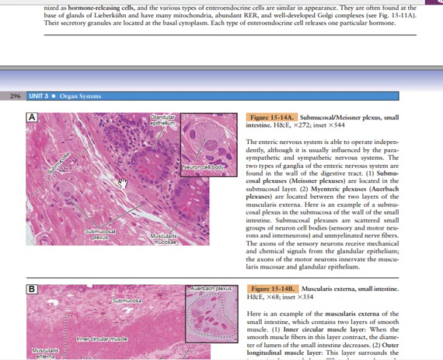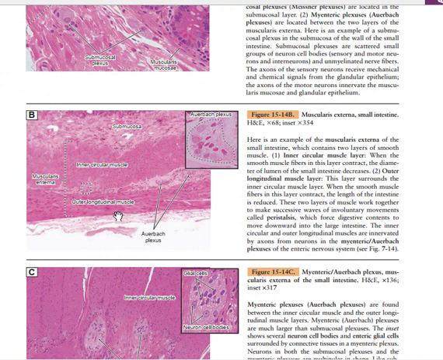Now underneath, we have the submucosa, and in the submucosa we are going to visualize certain neuronal bodies. Is it clear? In the submucosa you have certain neuronal bodies. Now outside of the submucosa, between the circular and the longitudinal layers of the muscularis externa, we are going to visualize the Auerbach plexus, or the myenteric plexus.